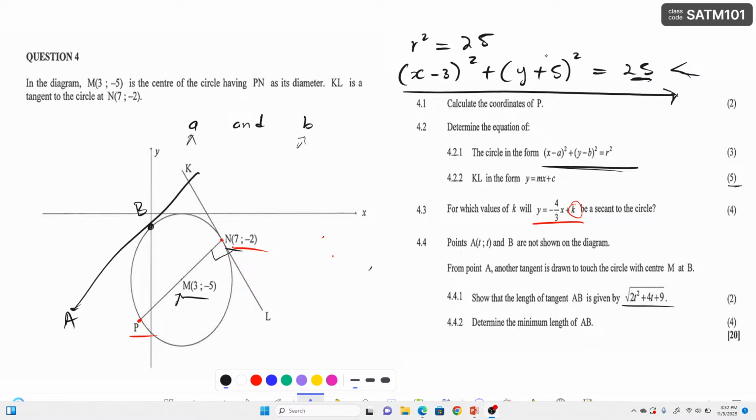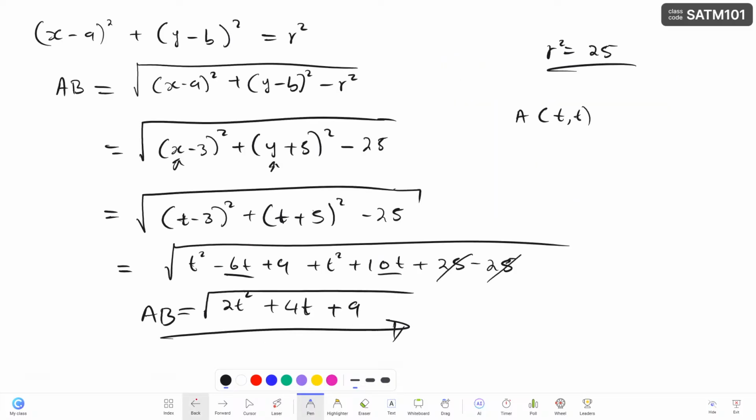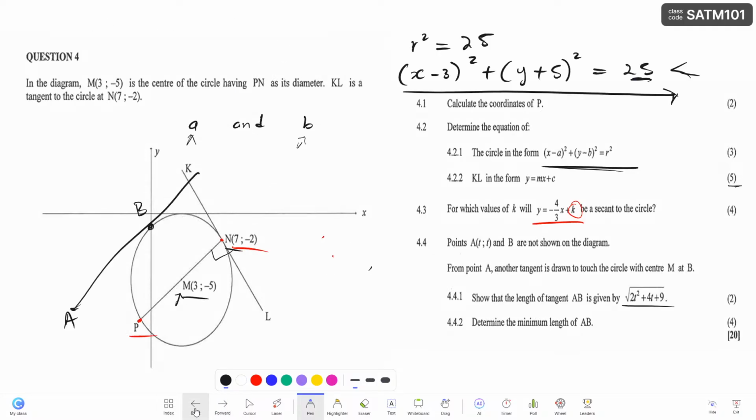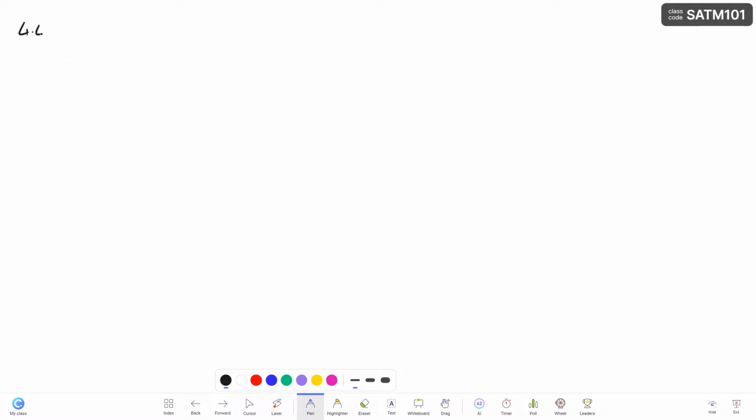So to determine the minimum length, we're going to use the properties of a quadratic, since you can see the expression inside is a quadratic. So we have AB, which is square root of 2t squared plus 4t plus 9.